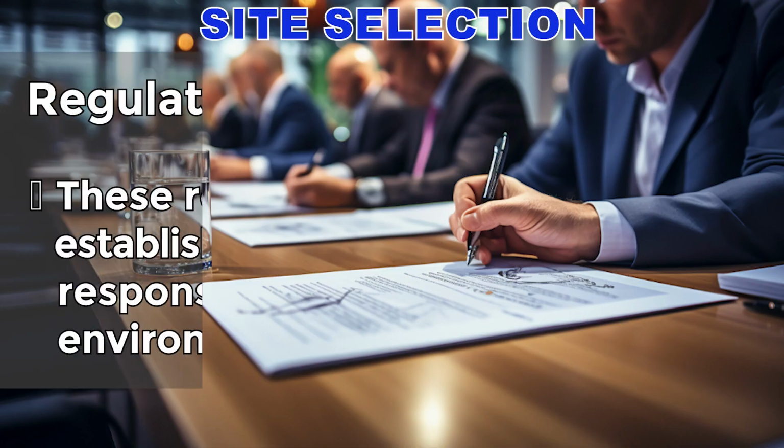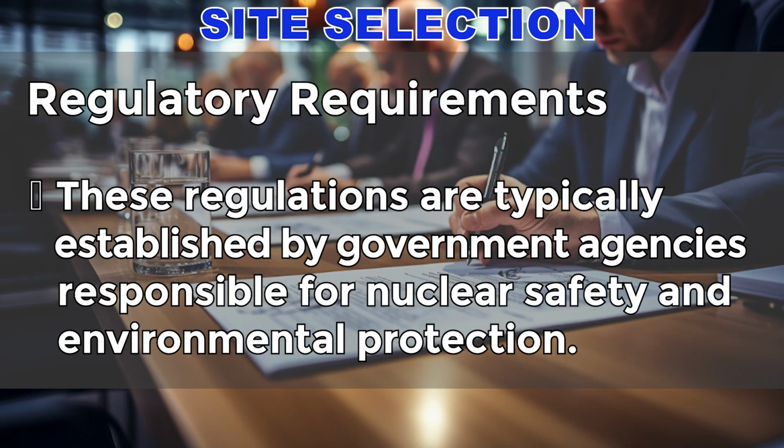Next factor is regulatory requirements. Begin by understanding the regulatory framework and requirements for nuclear power plants in the country or region where the facility is planned. These regulations are typically established by government agencies responsible for nuclear safety and environmental protection.